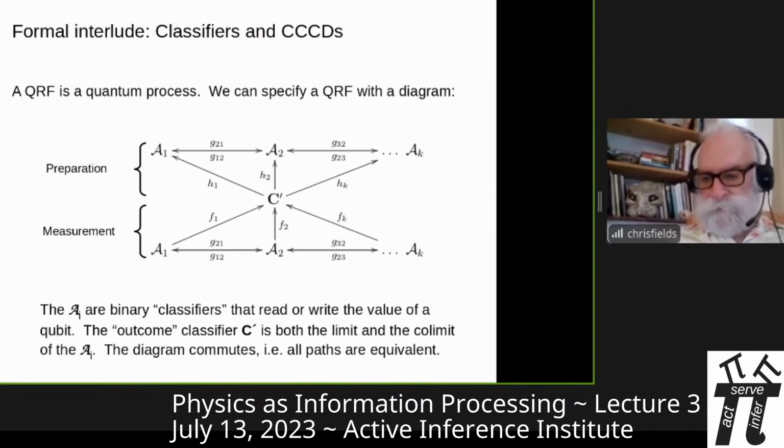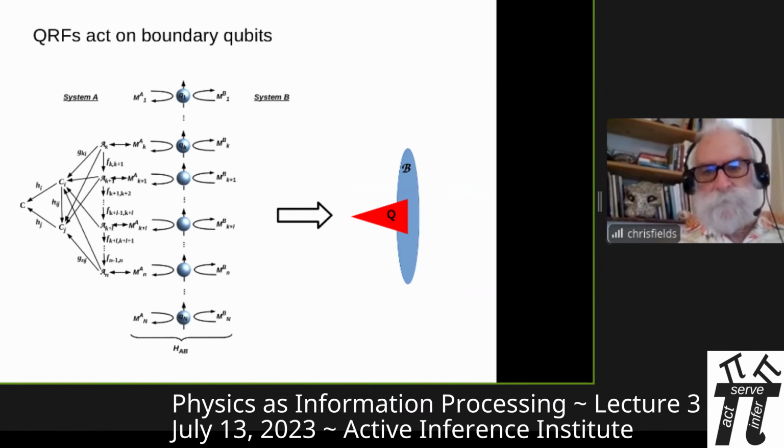And I don't want to deal with this formalism except to say that it exists and is very convenient, except to say that we can attach this kind of formal diagram as a representation of a QRF to our representation of the boundary between two interacting agents. And we can use these formal structures to drive the measurement operators that actually implement physical changes on this boundary.